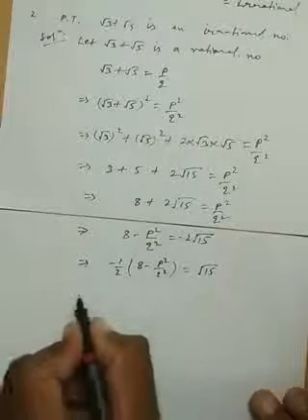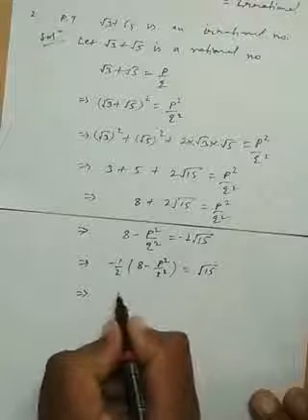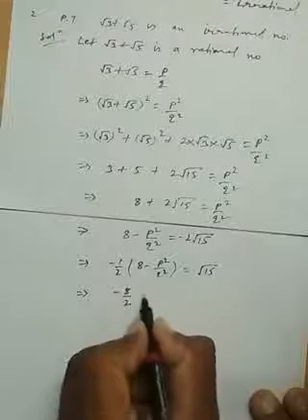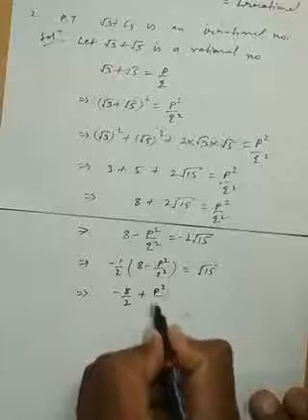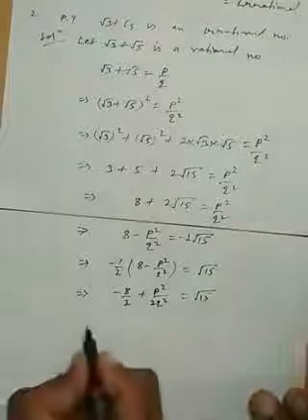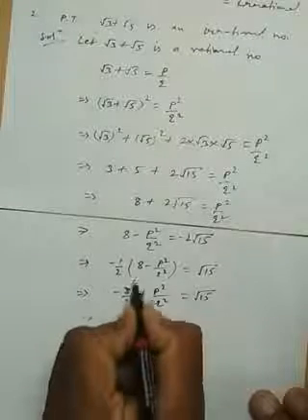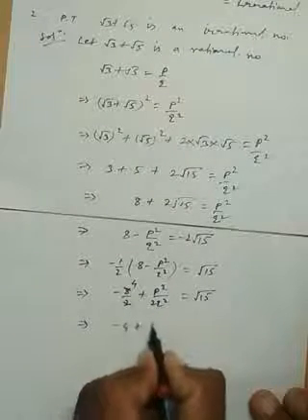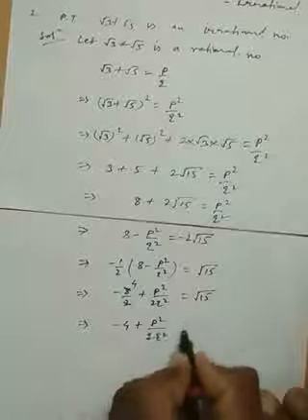In the LHS, first of all we should multiply: −8/2, minus minus plus, p²/2q² equals √15. 2 4 is 8, so −4 + p²/2q².